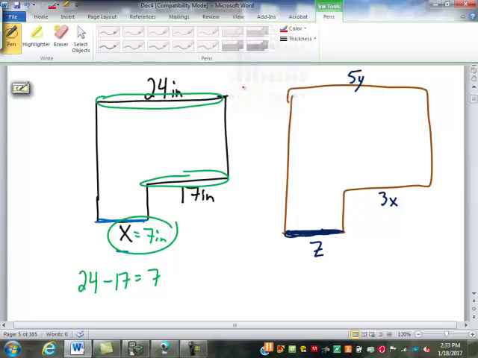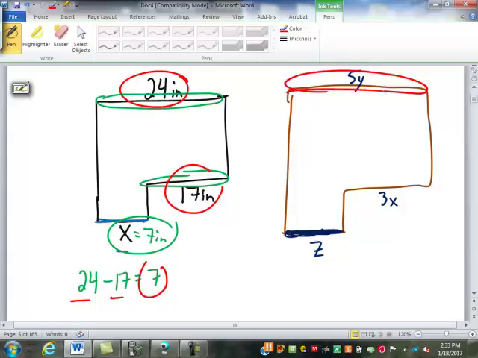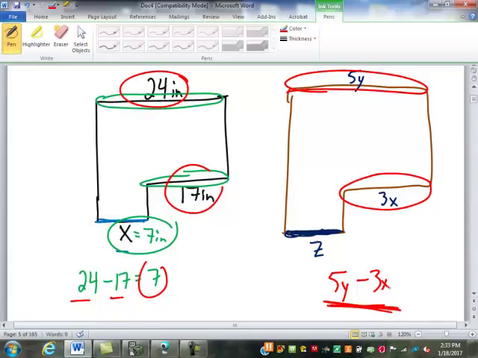Well, over here, we took 24 minus 17. We were able to find 7. Over here, it's going to be 5y minus 3x. The difference is we can't combine these because we don't know what numbers y and x are yet. That's going to be one of our next steps.